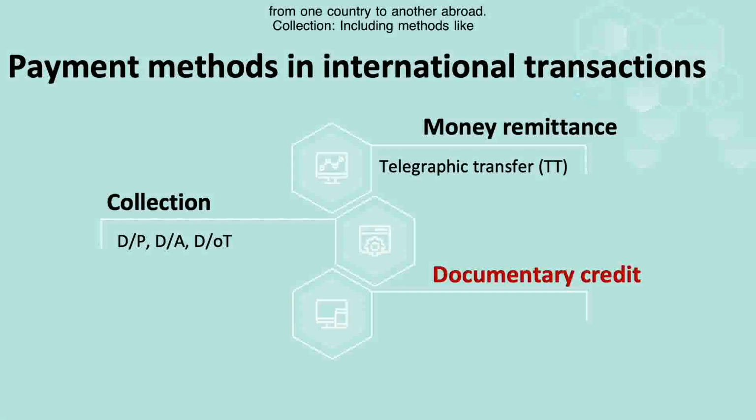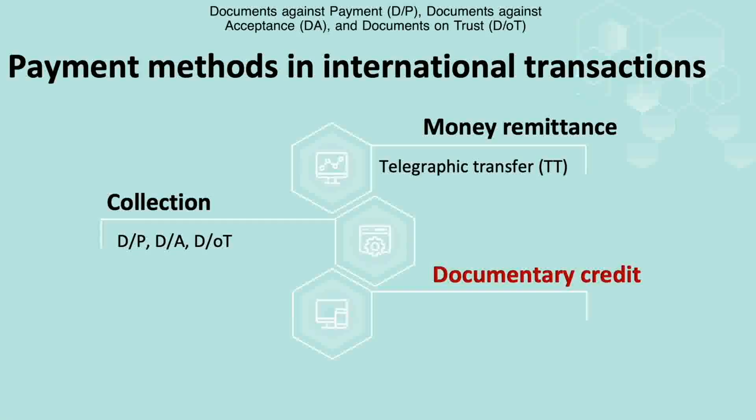Collection, including methods like documents against payment, DP, documents against acceptance, DA, and documents on trust, DOT. Documentary credit. This is a form of payment guarantee which is often used in international trade. These methods vary in terms of speed, security and cost, catering to different needs in international transactions.